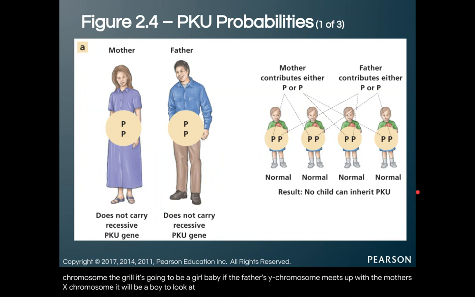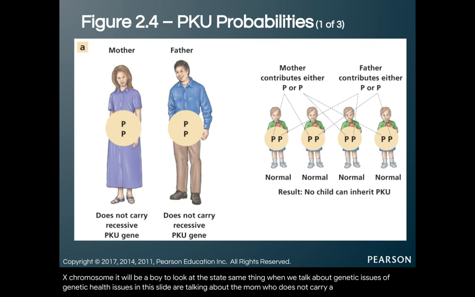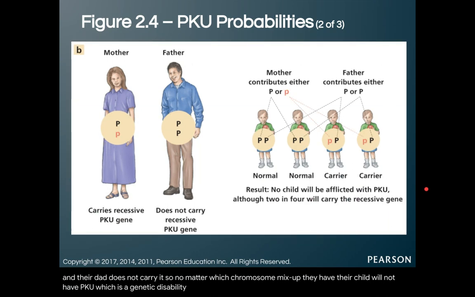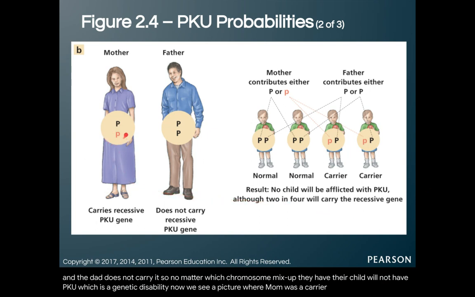We have to look at the same thing when we talk about genetic issues and genetic health issues. In this slide, they're talking about the mom who does not carry a recessive gene for PKU, and the dad does not carry it. So no matter which chromosome mix-up they have, their child will not have PKU, which is a genetic disability. Now we see a picture where mom is a carrier, but dad does not have any recessive gene.